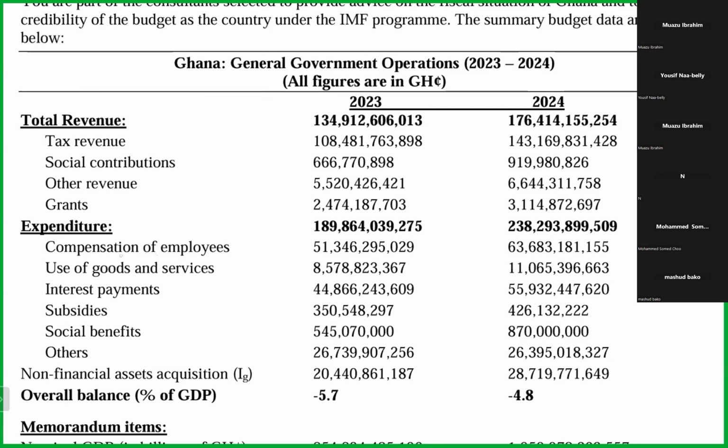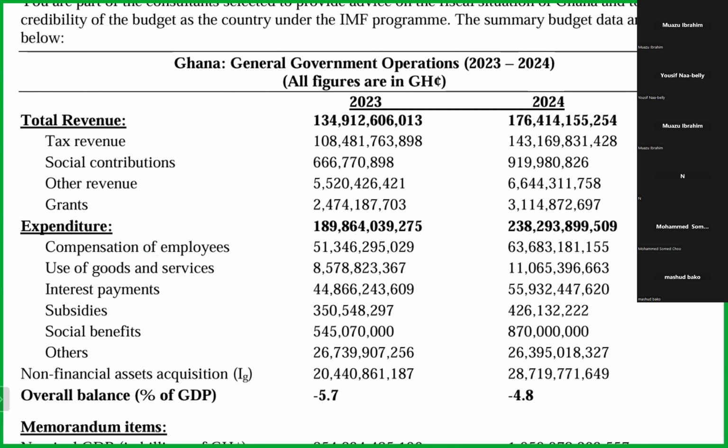Now let's look at compensation of employees. By being less expansionary, it means that you should reduce the expenditure on wages, compensation of employees. In 2023, it was 51.3 billion. In 2024, 63.7 billion, as you can see, or 63.6 billion.